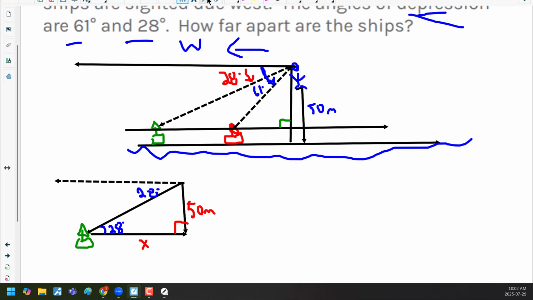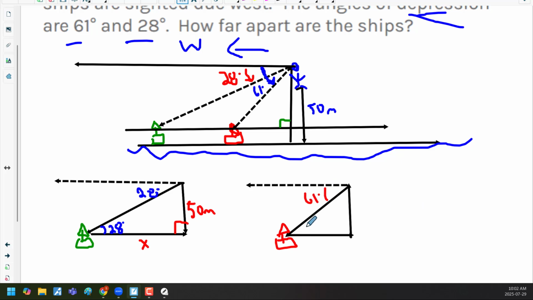Now let's make our other triangle. We got a red boat here. And in this example, the angle of depression is 61 degrees.